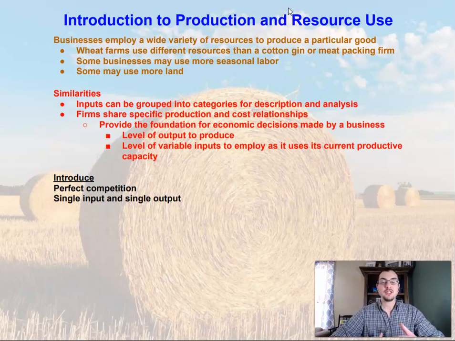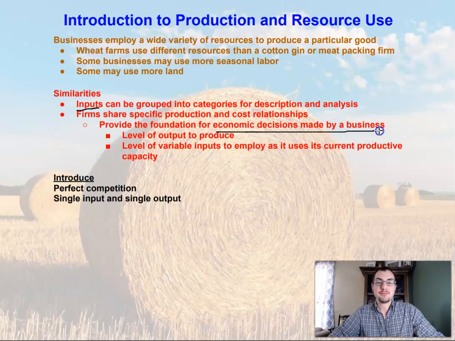So even though these are different businesses employing different resources in order to maximize their profit, businesses as a whole, in a generic sense, are relatively the same in terms of which inputs they use and these production and cost relationships.